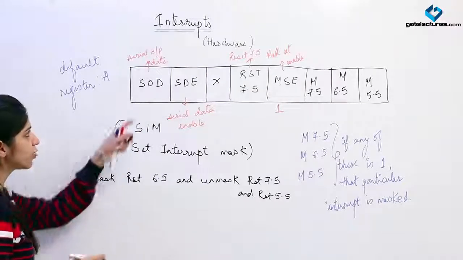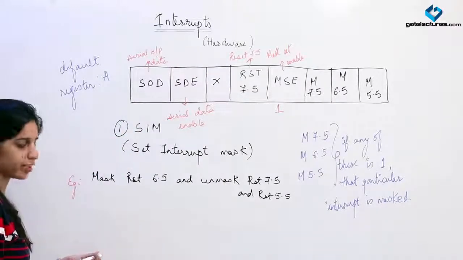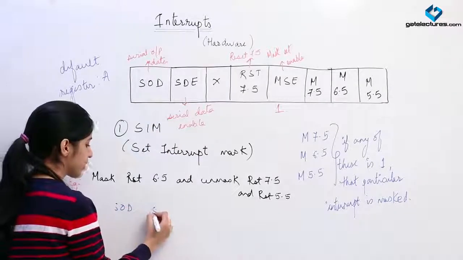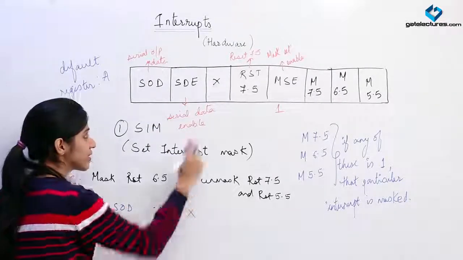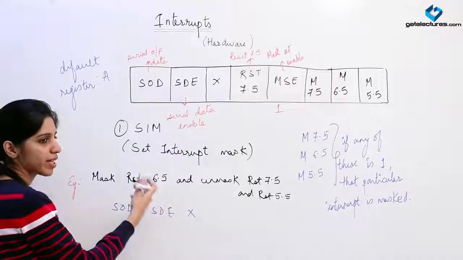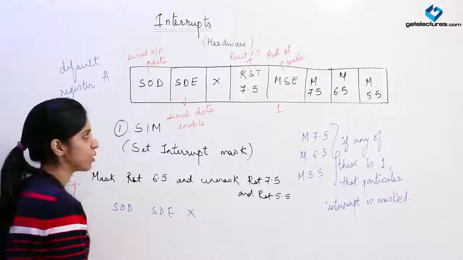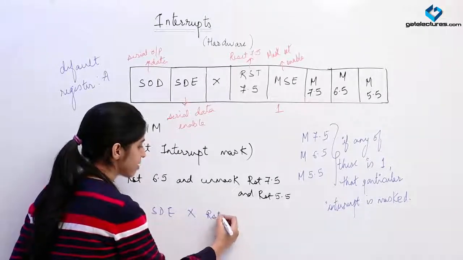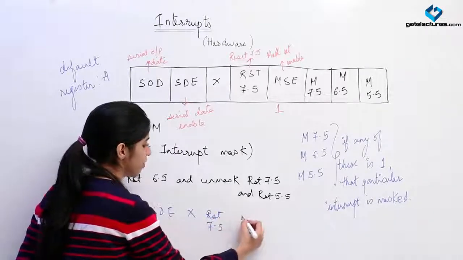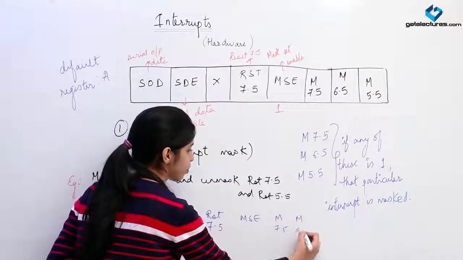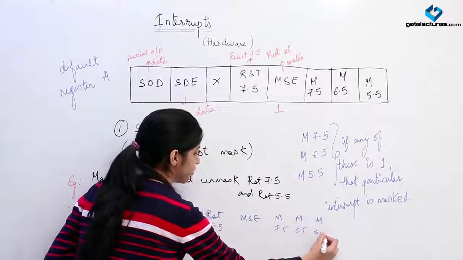So we are just going to look at the status of this accumulator first. First you quickly write the bits: SOD, SDE, don't care. This bit can be 0 or 1. Nobody cares, so generally we consider it as 0 only. We're going to take it as 0. Then RST 7.5, MSE, M7.5, M6.5, M5.5.